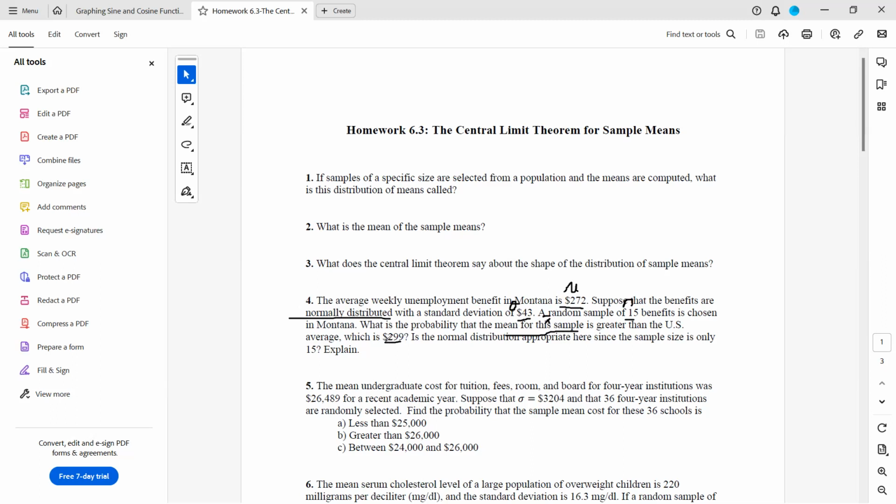Is the normal distribution appropriate? Let me answer the first part first. Yes, the normal distribution is appropriate because your population was normally distributed. If it had not been, you wouldn't have been able to do this. You would have had to use the T distribution for that. Okay.